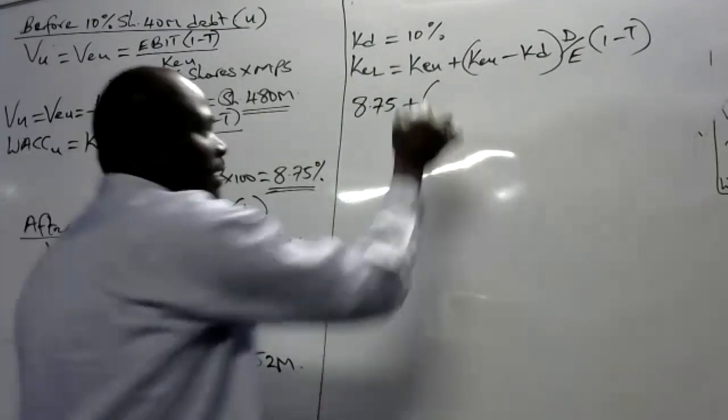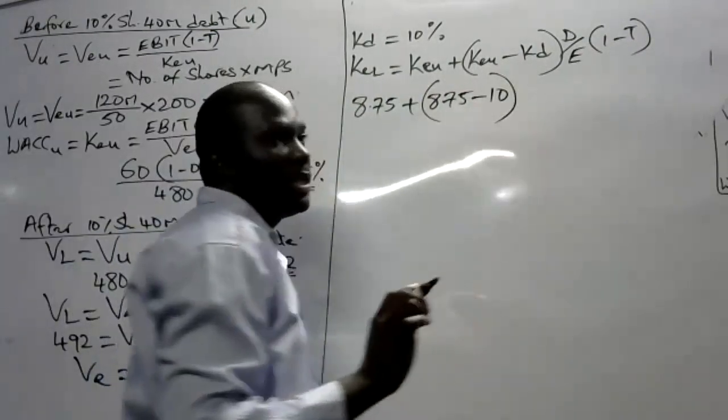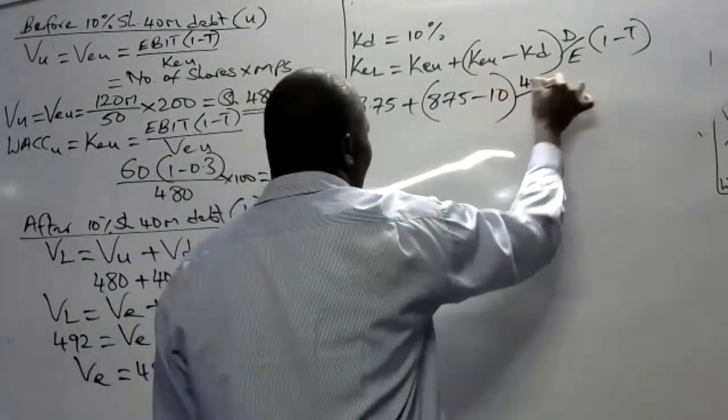Plus 8.75 minus 10. Value of debt is how much? 40.